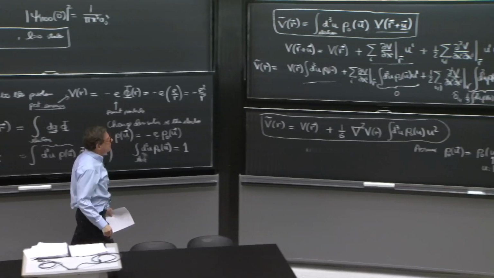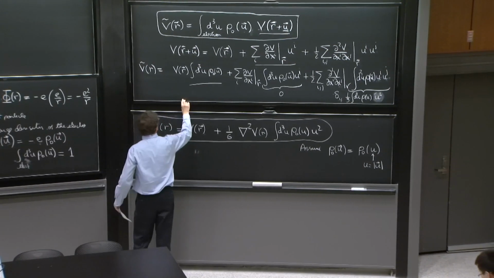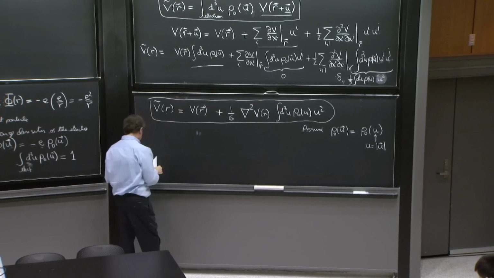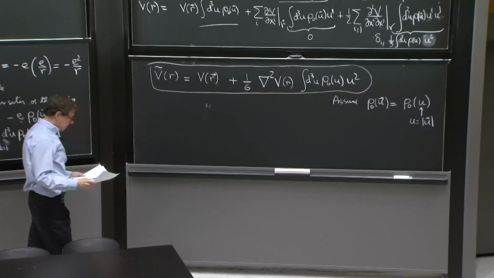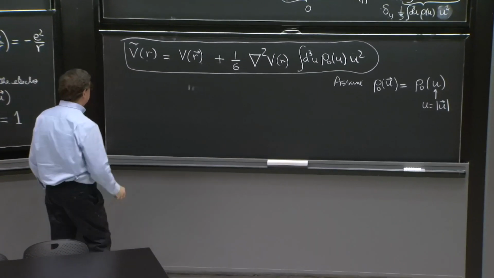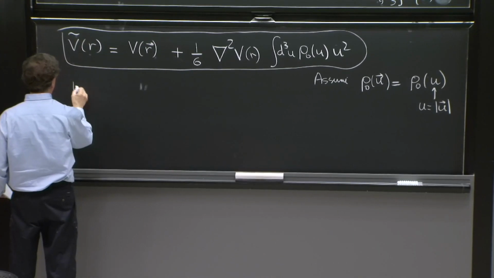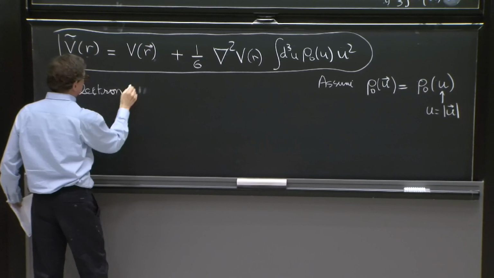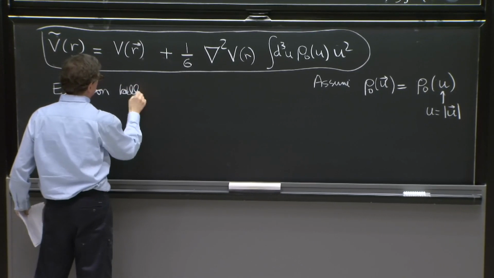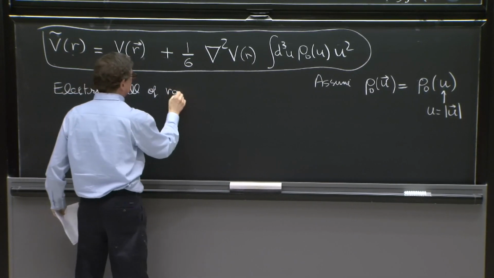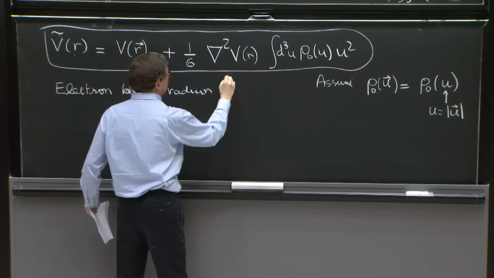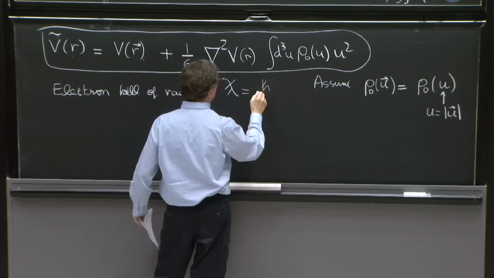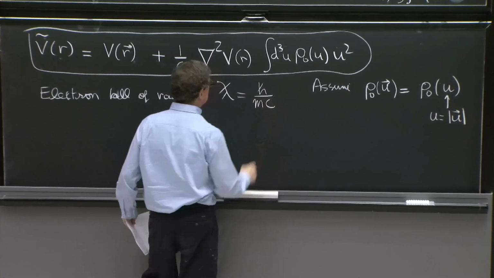Yes, we can. It's possible. Let's assume the charged particle has a size. So let's assume the electron is a ball of radius, the Compton wavelength, which is h bar over mc.